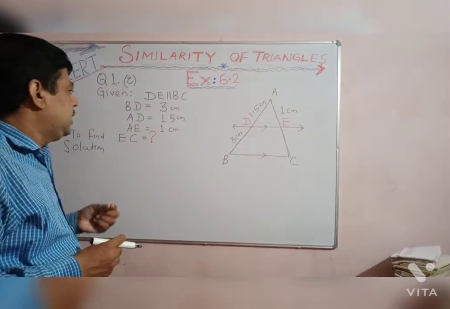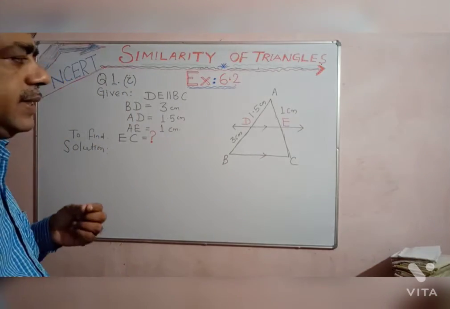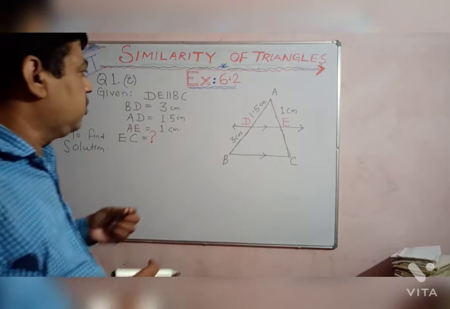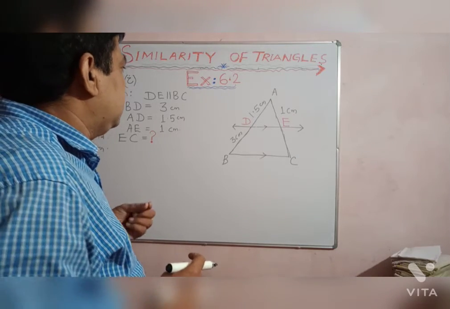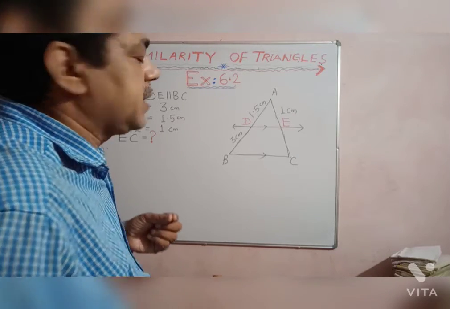Since the line DE is parallel to the side BC of the triangle ABC, you can clearly understand that AD upon BD is equal to AE upon CE.